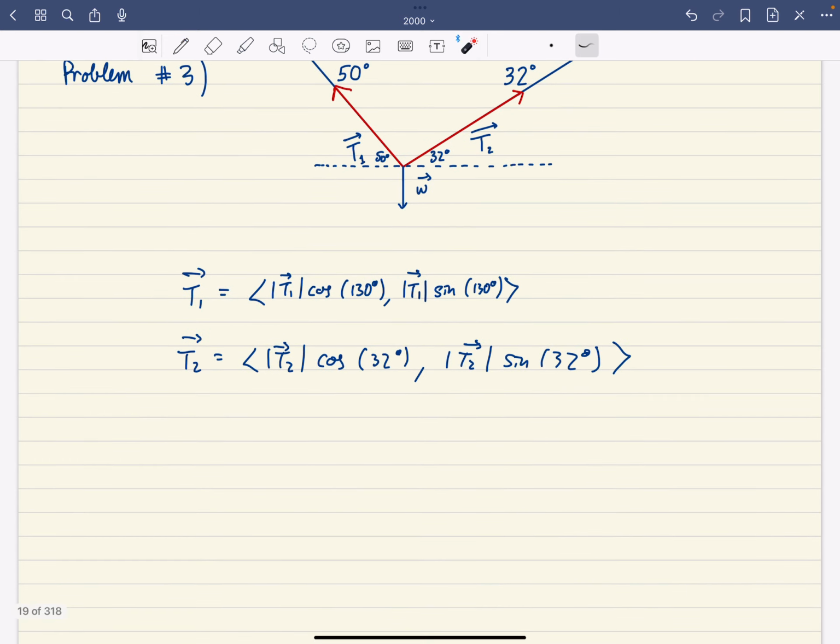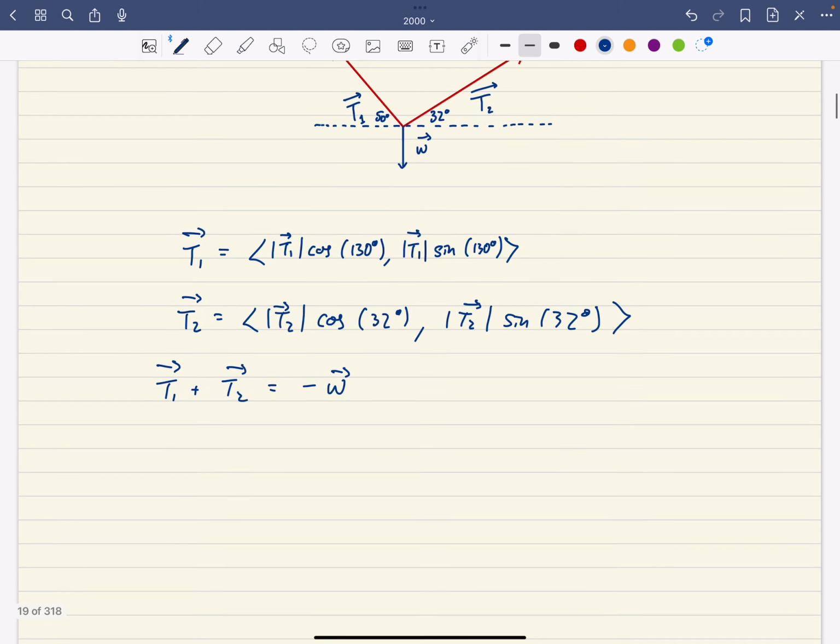We know that if we add these two vectors together, that's going to equal the force that's being pulled down by the weight. So we know that T1 plus T2 is going to be exactly the same as our vector W. Okay, so they're going to add up to 0, or T1 plus T2 is negative W is maybe another way to say it.